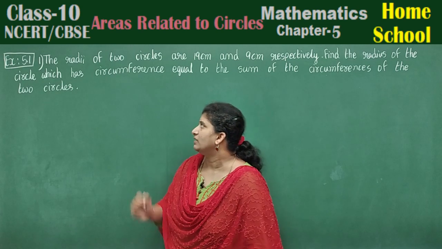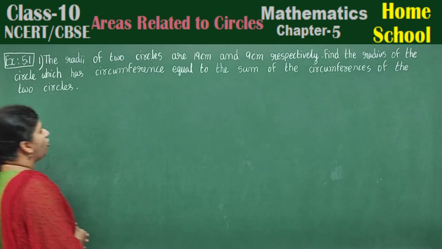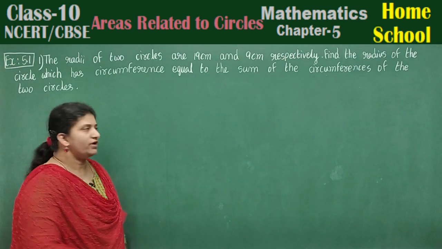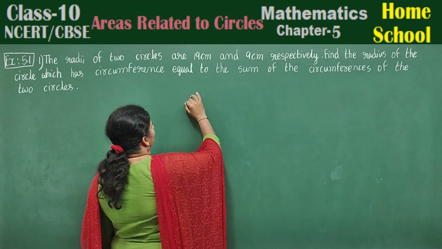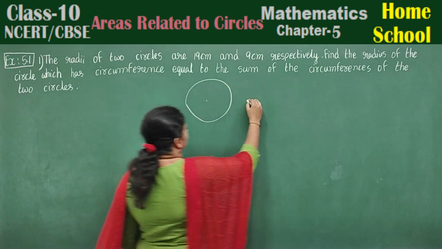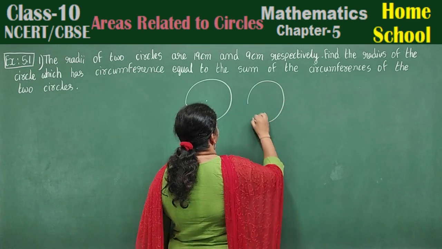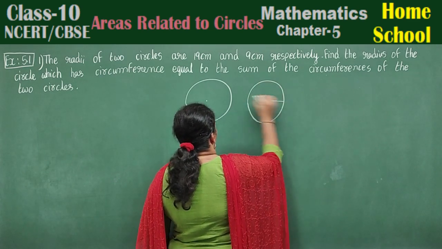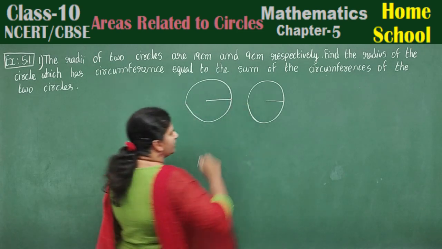First problem. The radii of two circles. We are going to draw two circles here. We are talking about the radii, right?